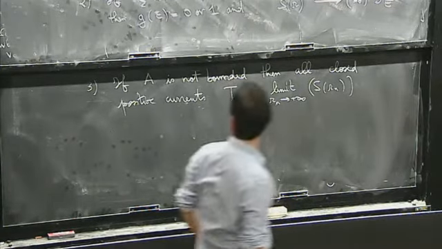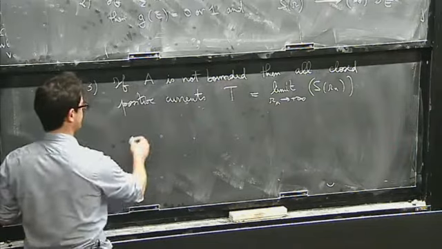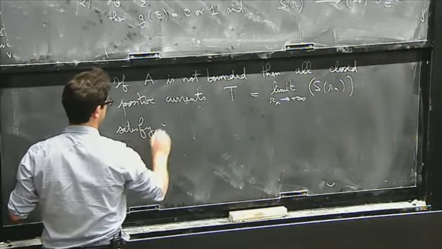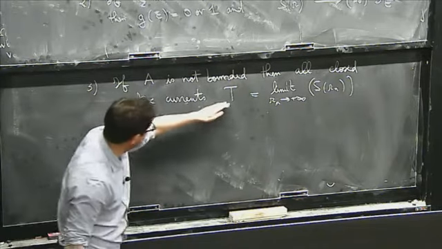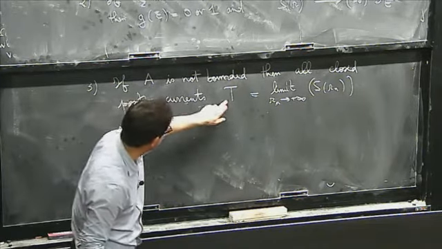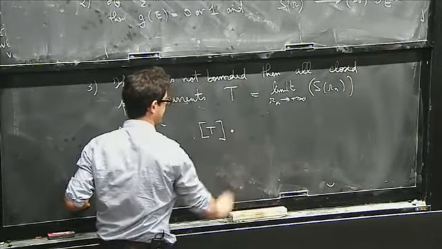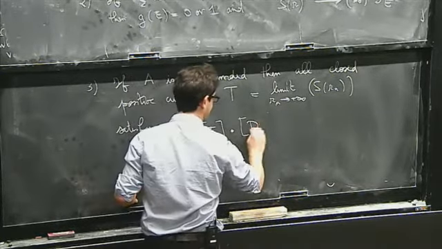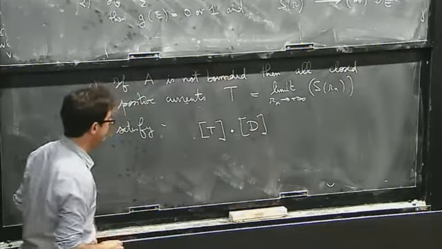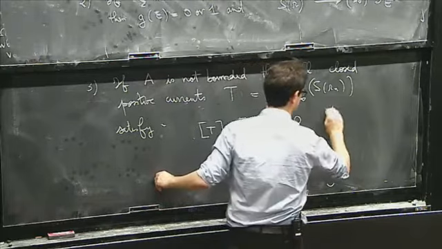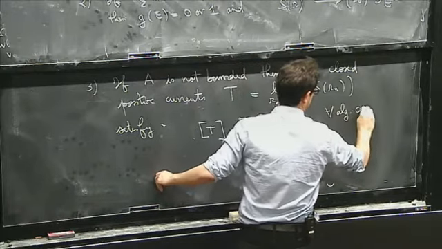All these currents satisfy the following property. So you have a closed positive current. You can look at its cohomology class, and you can intersect it with an algebraic curve D. And this is always positive, I mean non-negative, for all algebraic curves D.